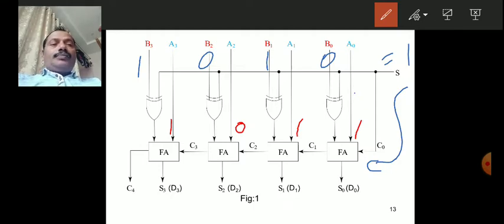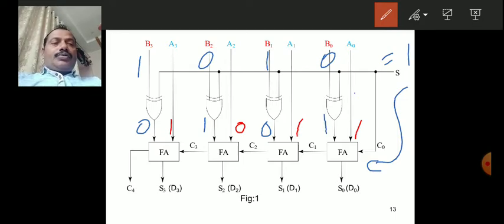Hence when S equals 1, the control bit is 1, and the XOR gate will complement its input. 0 complemented is 1, 1 complemented is 0, 0 complemented is 1, 1 complemented is 0, 0 complemented is 1.